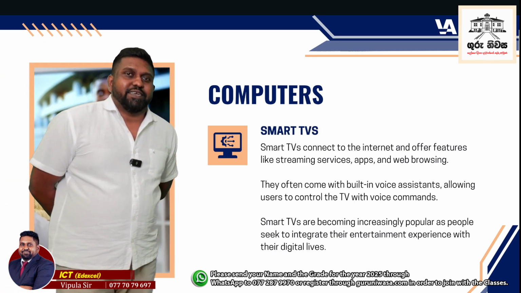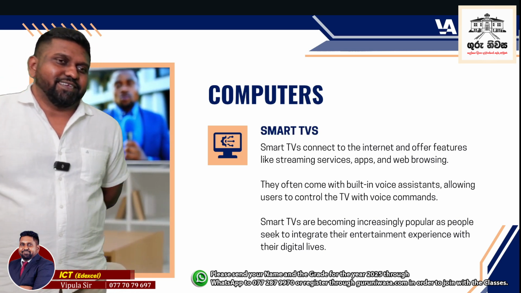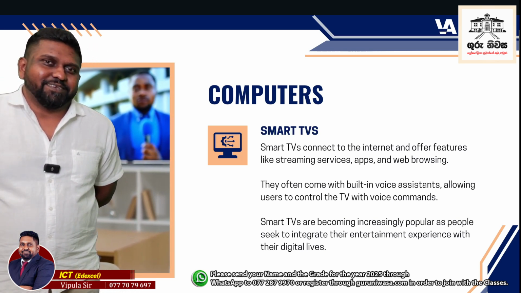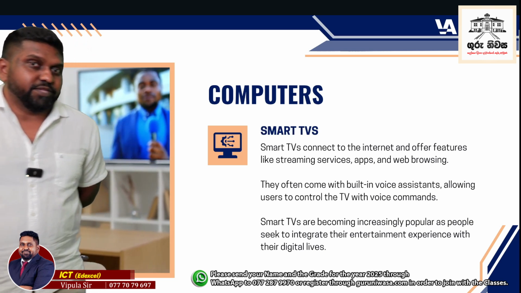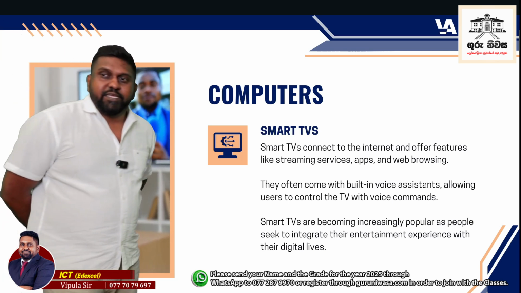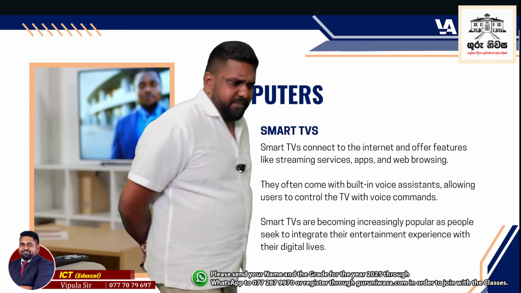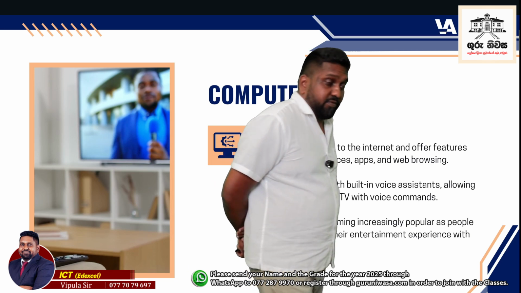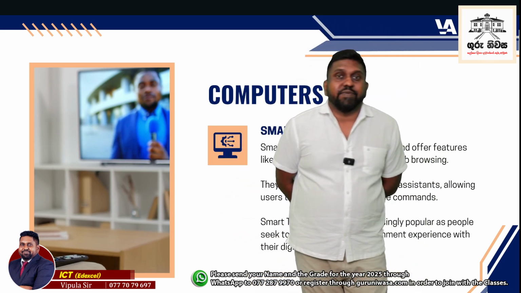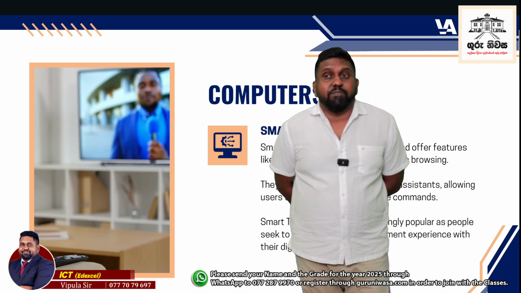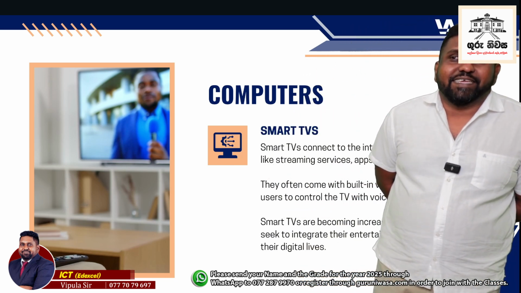Okay, and then we have smart TVs. We already talked about smart TVs. Smart TVs are the opposite of a typical normal TV. And what do they offer? They give you some good features. Primarily, they give you access to the internet, right? About 90% of smart TVs come inbuilt with the capacity of handling a network. So you can plug in a network cable and access the internet.